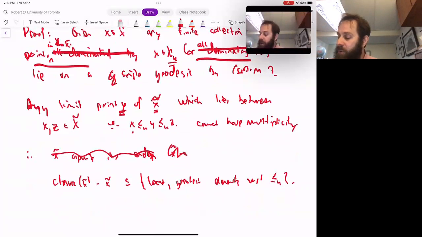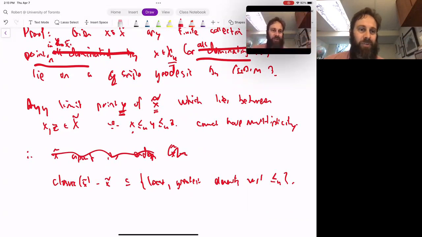Okay, so now we have some object, a closed object apart from possibly these two extreme elements, and any finite number of the points on the object lie on a geodesic.